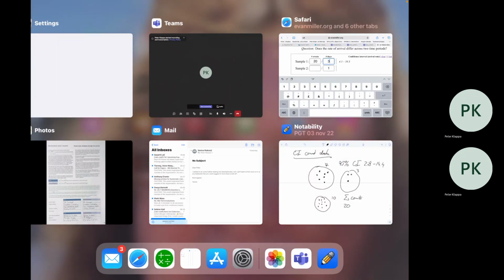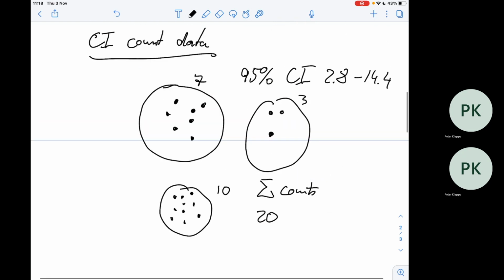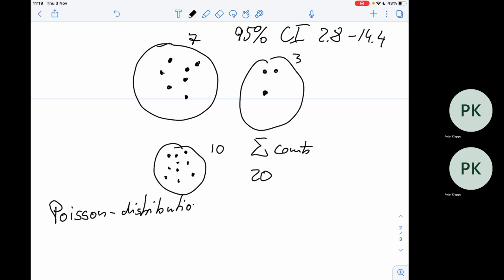Now, under which conditions does this apply? This type of count data calculation. There are some restrictions. The statistical distribution, for the experts, is called a Poisson distribution, if you want to read up on that.